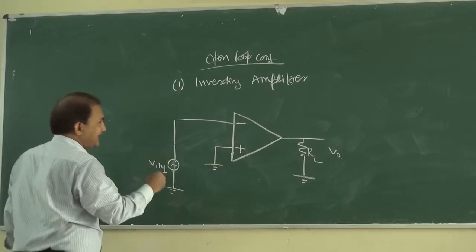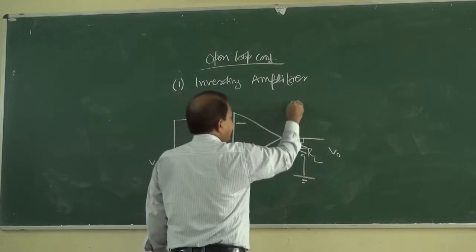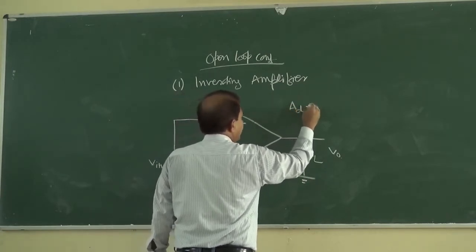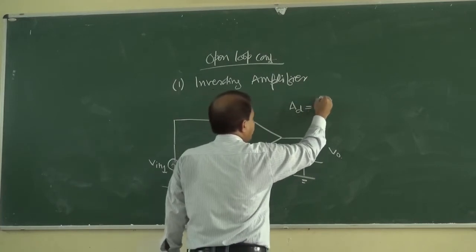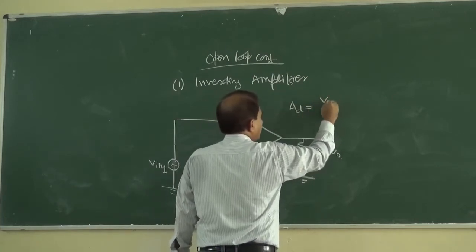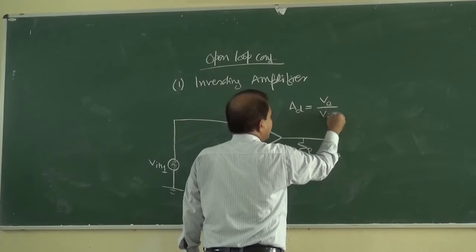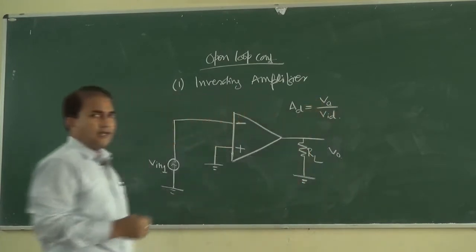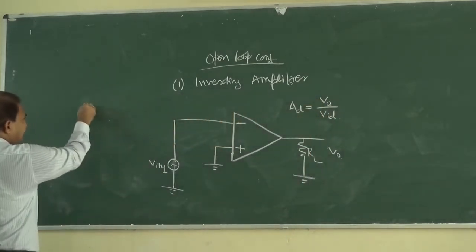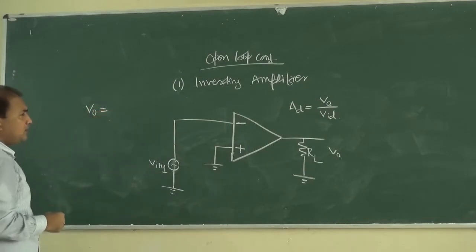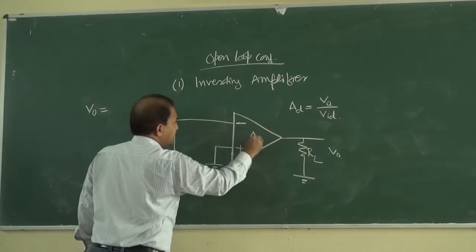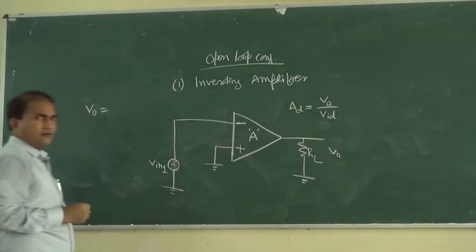So how can we calculate AD? AD is equal to V output divided by VID. And how can we calculate V output? Suppose A is the gain of this amplifier.